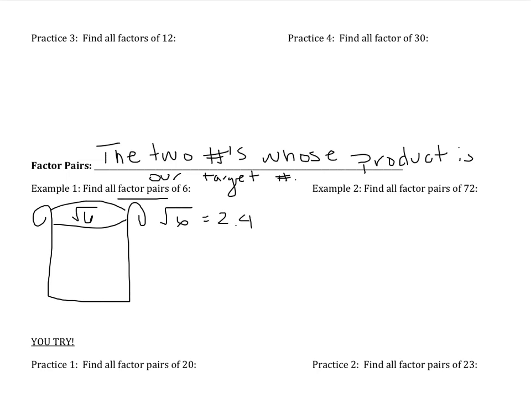So that means I'm going to go all the way up to 3. 1, 2, and 3. 6 divided by 1 is 6, so there's 1 times 6. 6 divided by 2 is 3, so there's 2 times 3. And lastly, 6 divided by 3 is 2, so 3 times 2.